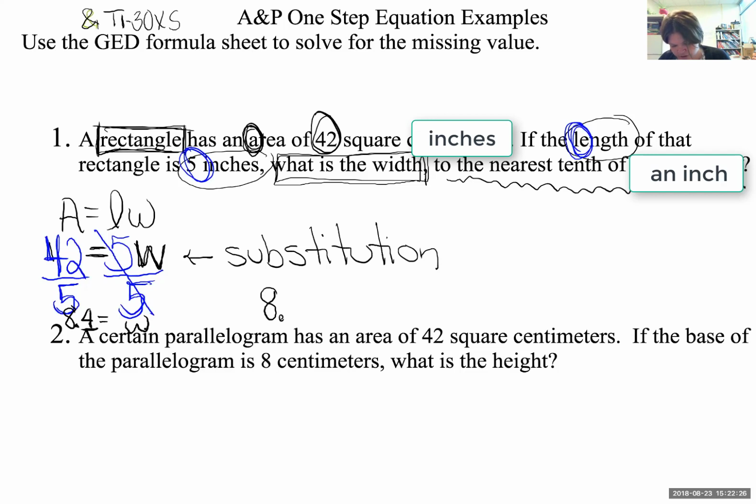So 8.4 is already to the tenths place. And so 8.4 what? This will be 8.4 centimeters. Now, I always have students say to me, Kate, you told me whenever it's area, it's measured in square units. Yeah, the area is measured in square units. Remember, area is covering over a shape.